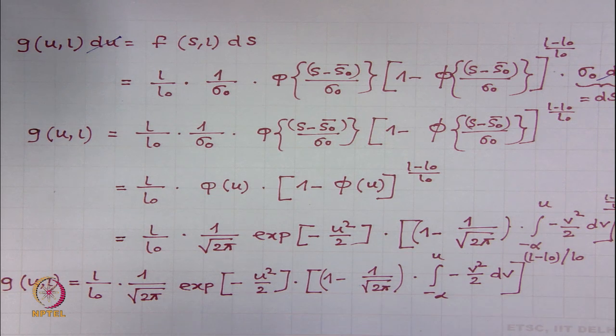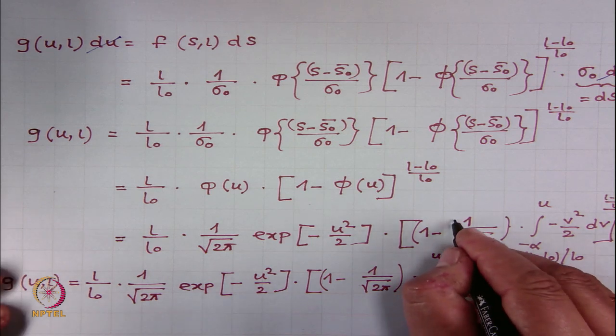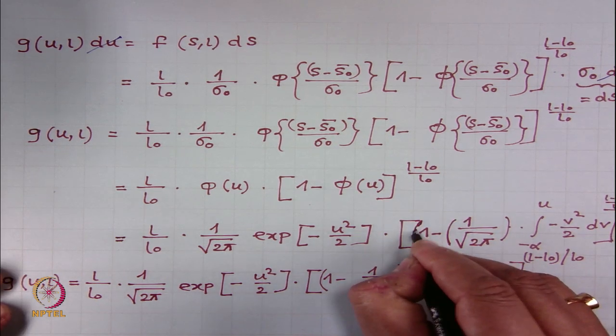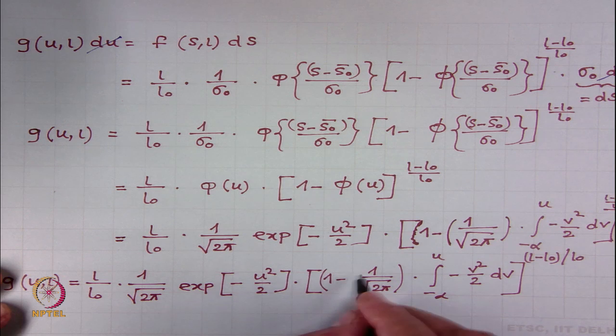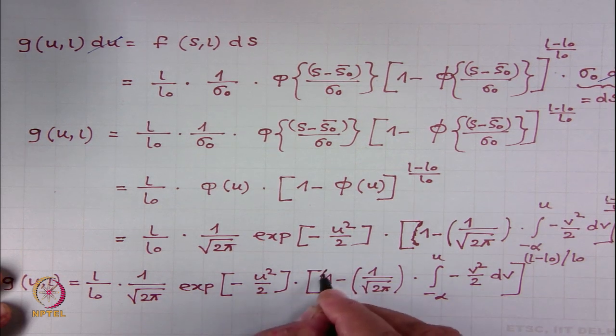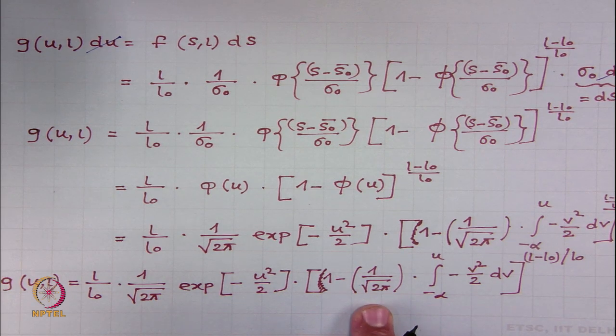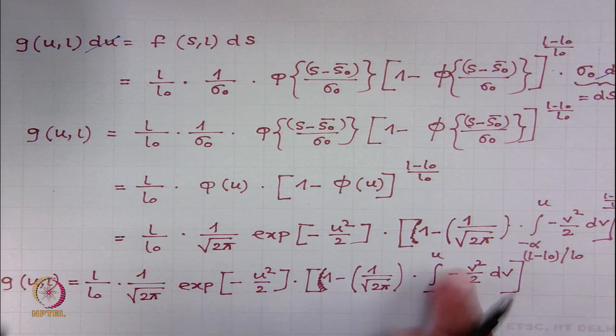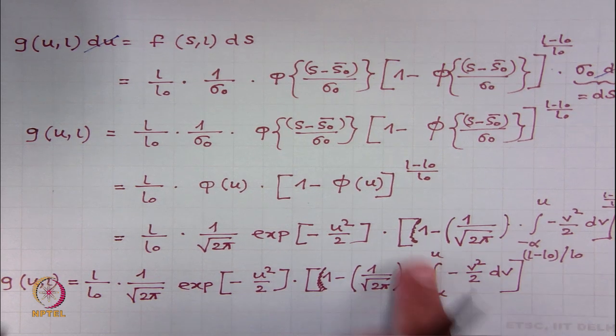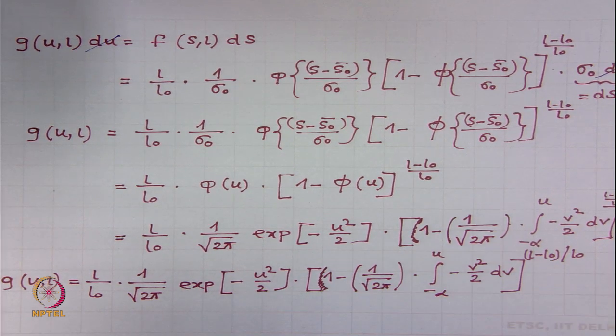No, the bracket will be here, not here, 1 minus 1 by root 2 pi into the integration from minus infinity to u of e to the power minus v square by 2 dv, to the power (L minus L0) by L0, right. All right.